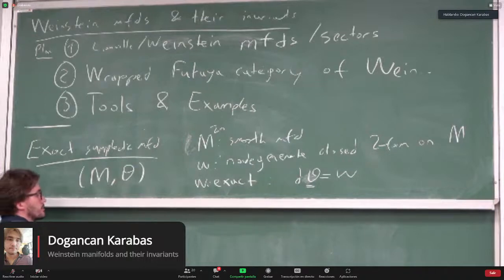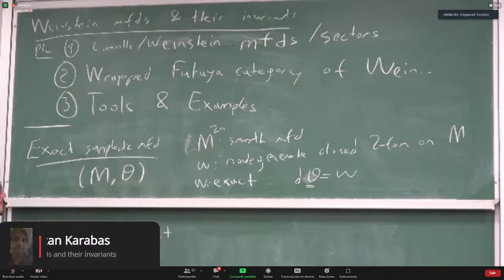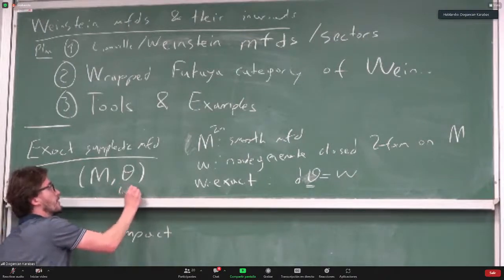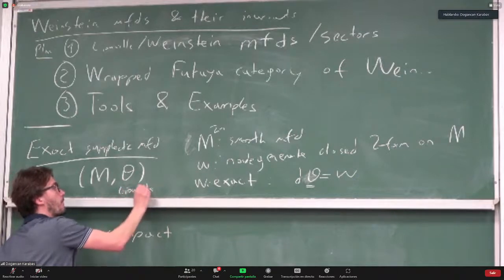One can show all exact symplectic manifolds are non-compact. And second, you can define a vector field corresponding to this one-form. The name of this is the Liouville form, so the Liouville one-form.